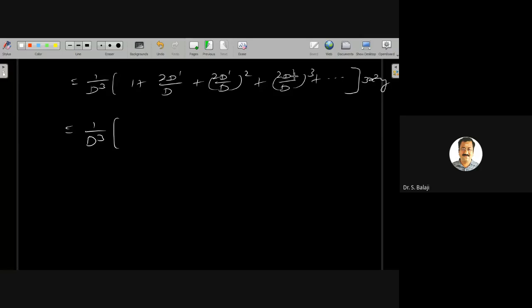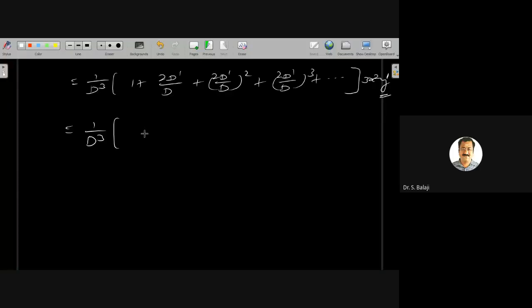But when you concentrate on y, we have y power 1 only. So it is enough to consider d dash only. D dash square is definitely 0; when you operate with a higher derivative, it will become 0. Therefore, it is enough to consider only the expression 1 by d cube of 1 plus 2 d dash by d, of 3x square y.